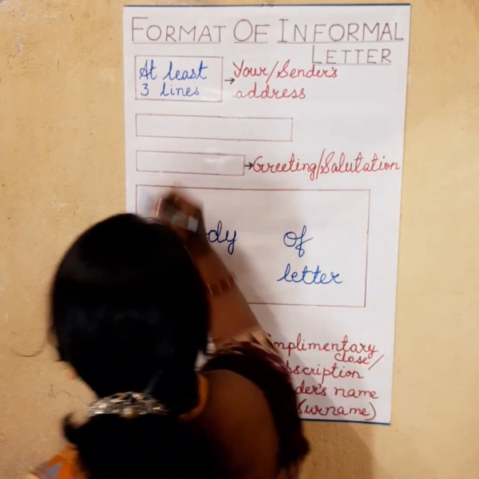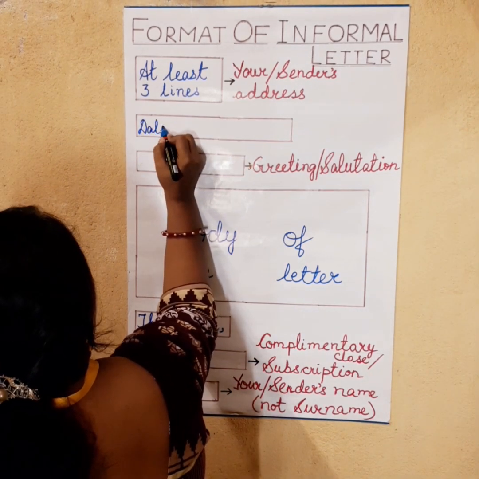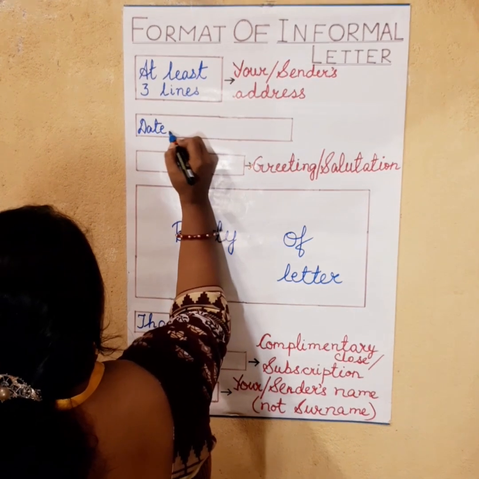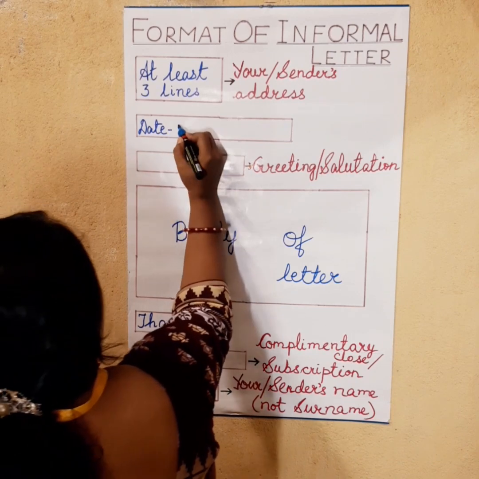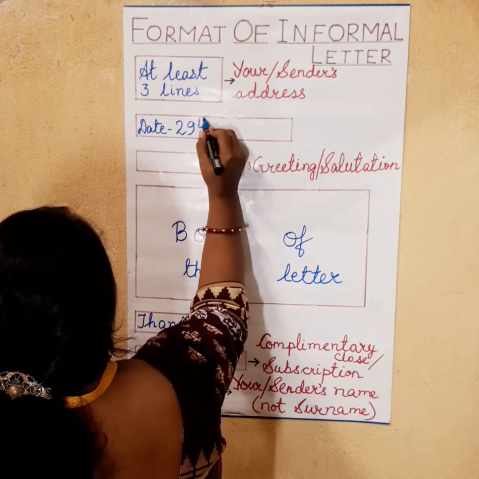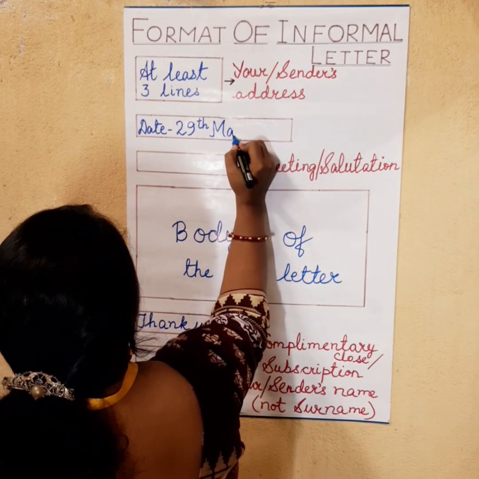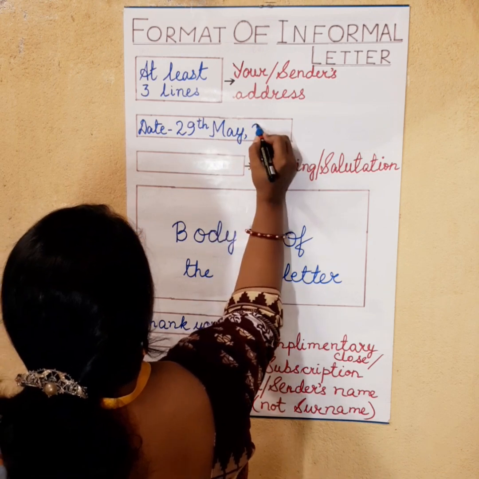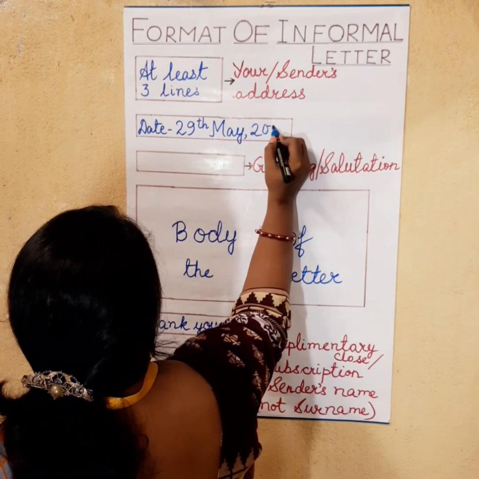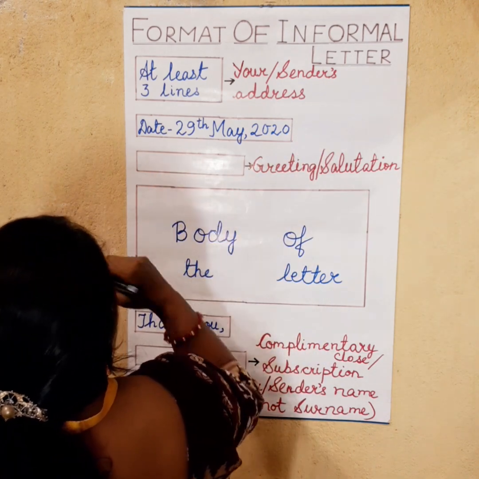And then comes the date. You have to write it here: date, then hyphen. Then suppose today is 29th, so 29th May. You must write this long date. This is preferable.